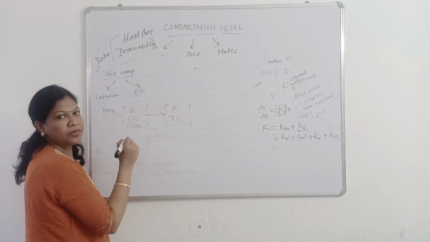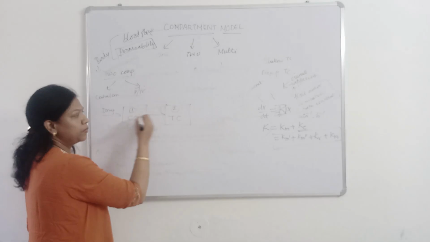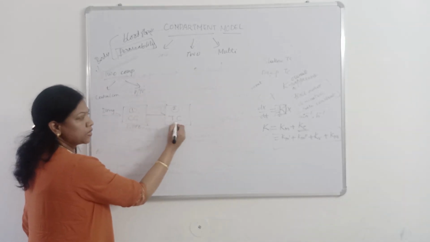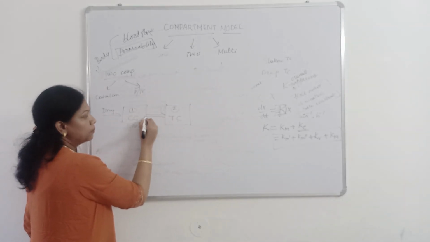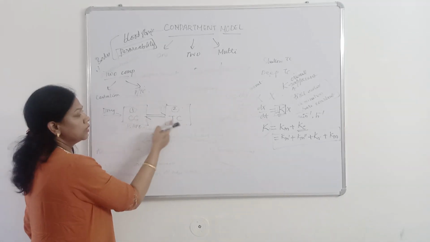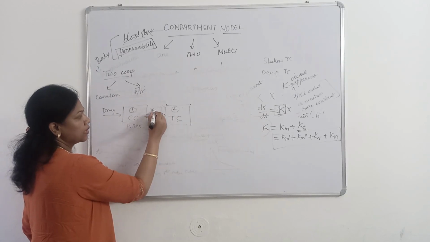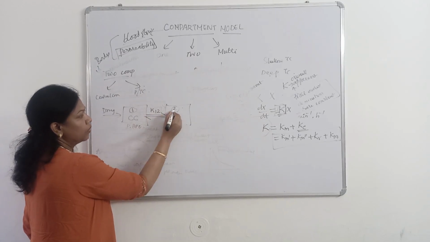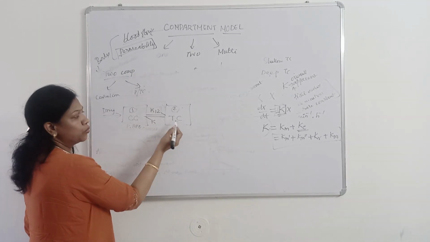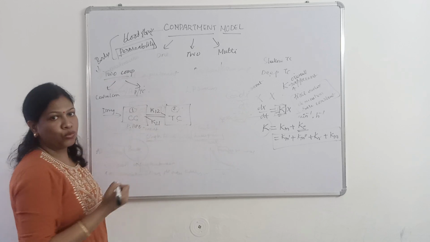That is from the first compartment to the second compartment the drug will be distributed, and once equilibrium or maximum saturation is achieved, the backward movement, that is from tissue compartment to the central compartment, will take place. So movement of drug from first to second compartment has the rate constant K12, whereas the movement of drug from second to first compartment is known as K21.